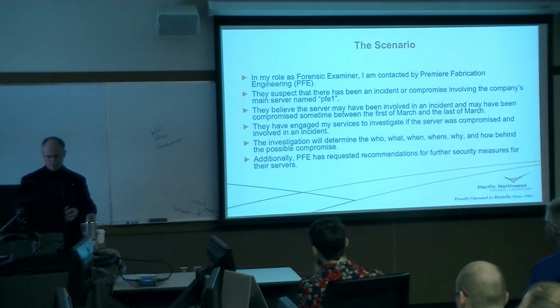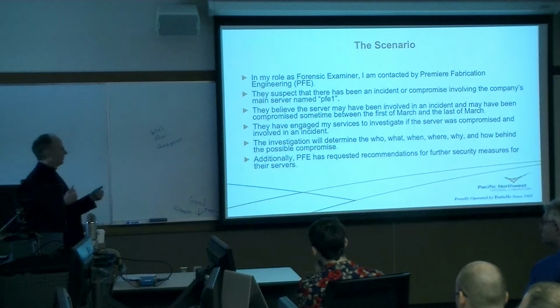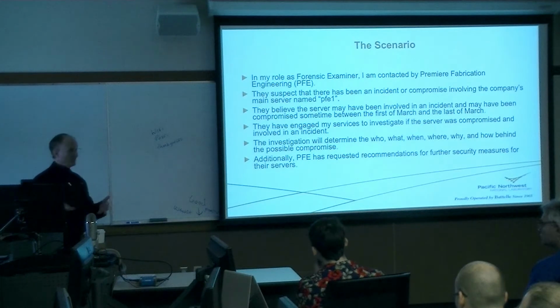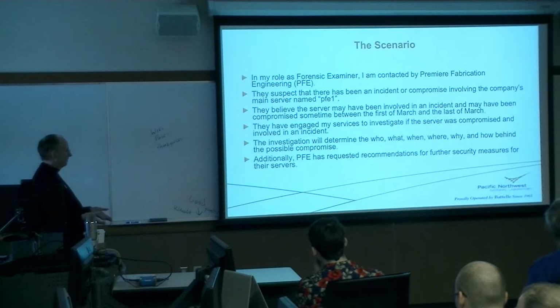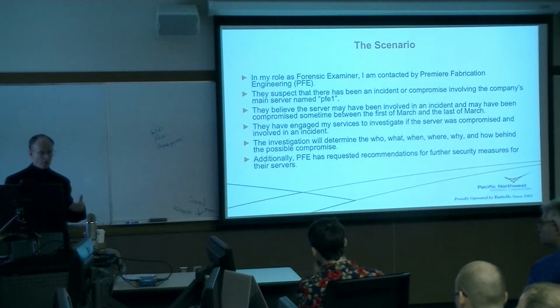So they have engaged me as a forensic examiner to determine what has happened. Was it involved in an incident? What was the nature of the incident? What all happened? And they've also asked me to provide some recommendations for them on what they can do to mitigate factors if there was a breach.